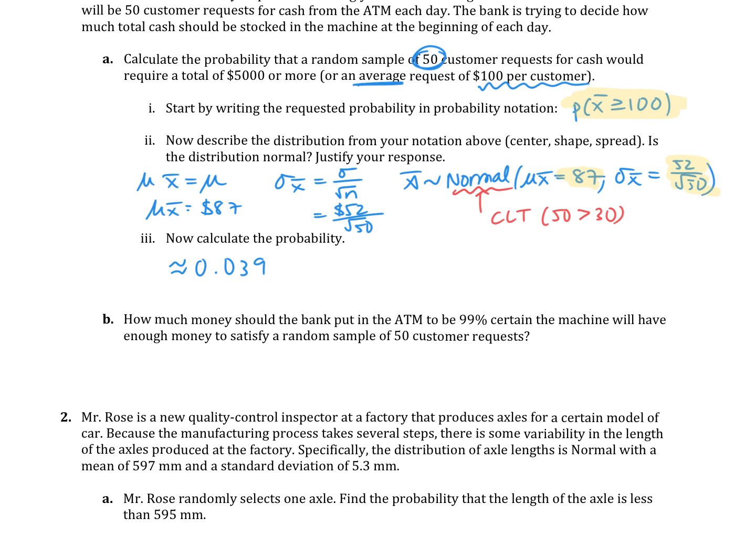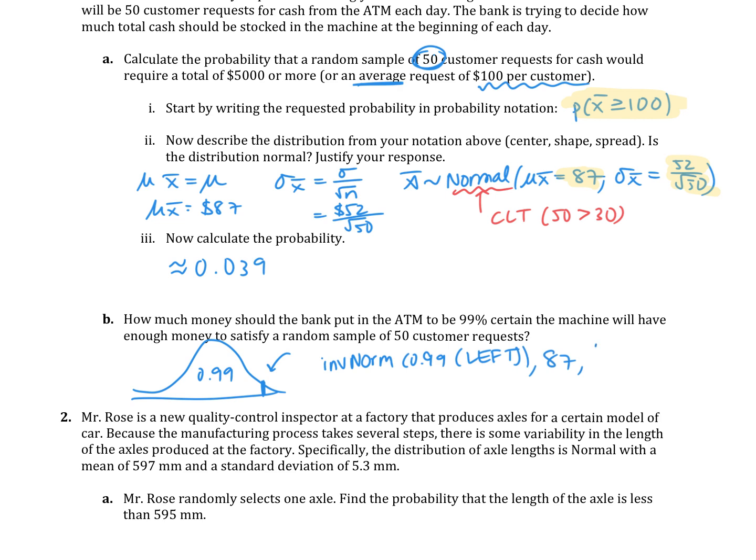This is definitely an inverse norm problem. We're looking for this value right here, where this is going to be 0.99. We do not need to define x bar again because we already did that above. So this is going to be one where you would do inverse norm. I would do 0.99 left if you have that option.